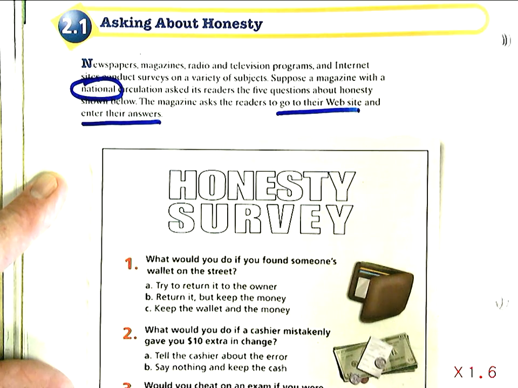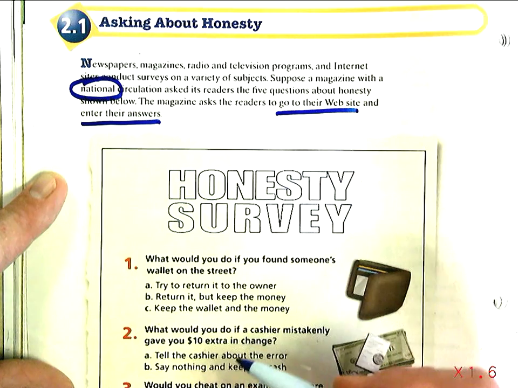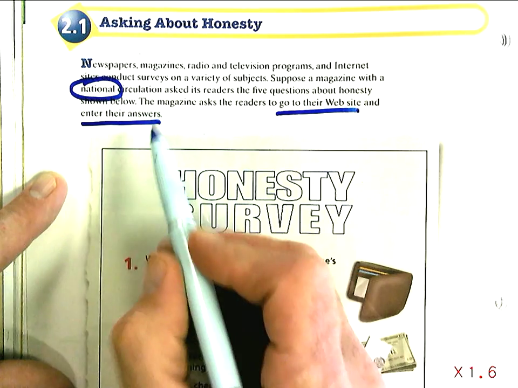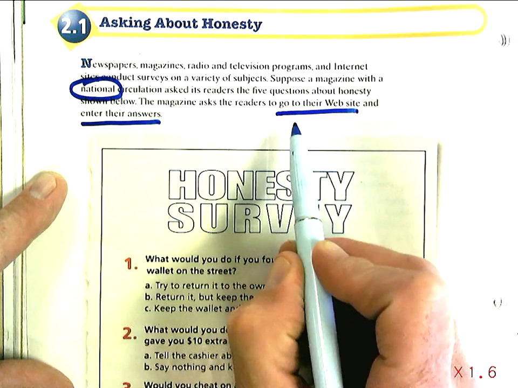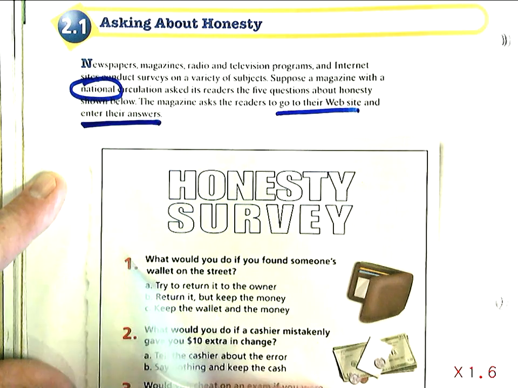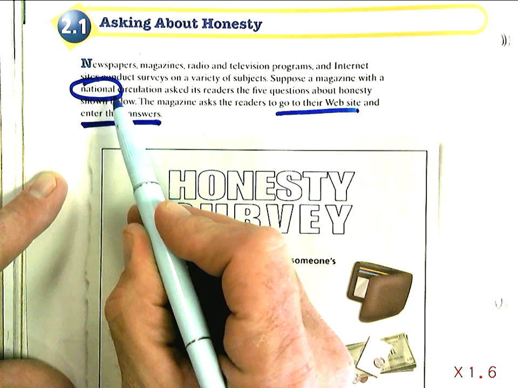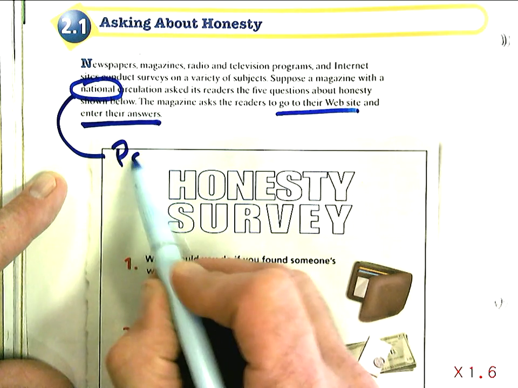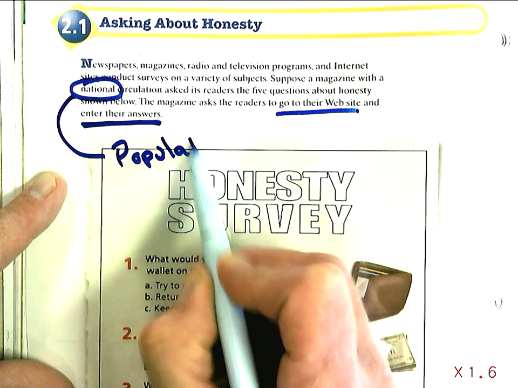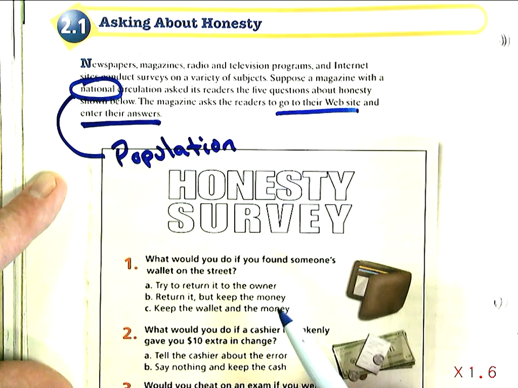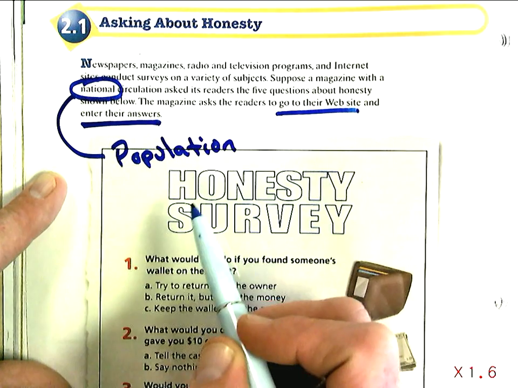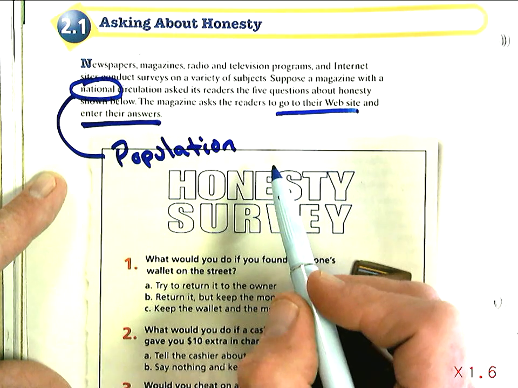So right away we're given what's called a sampling plan or a strategy. This is the strategy that they're going to use to get responses to this survey. So the idea is it's national, that's my population. And then not everyone in the United States, first of all, reads this magazine.